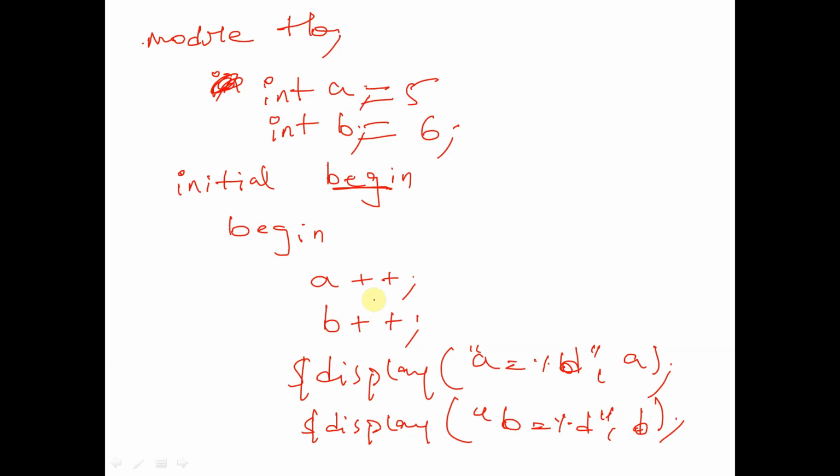I'm incrementing the values of A plus plus and B plus plus, and I will write here A is equal to %d. This is outside the function. I'm writing this in the display function only. Same here also. This is outside the function.